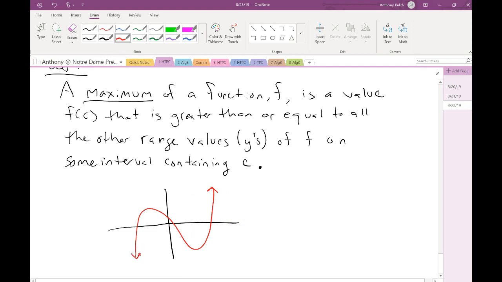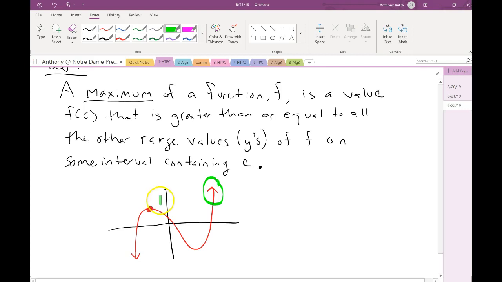So if I look at this picture, this spot right here is a local maximum because there are other y values that are taller than that maximum.